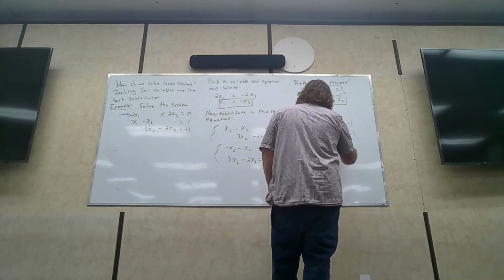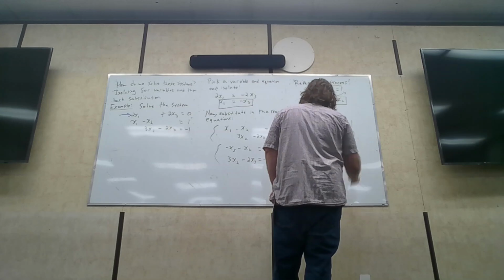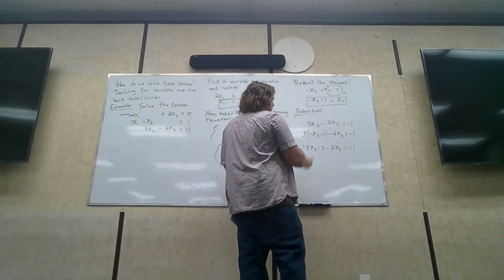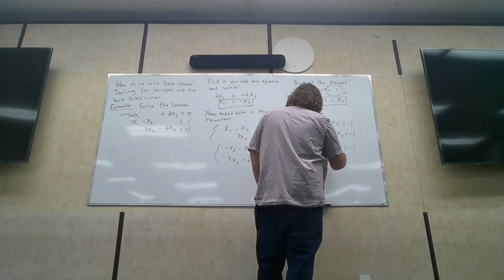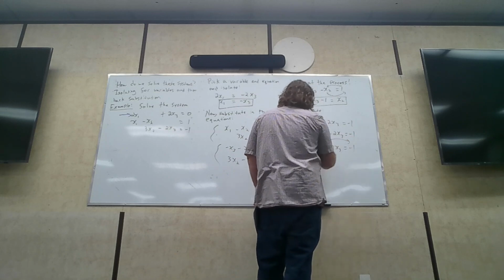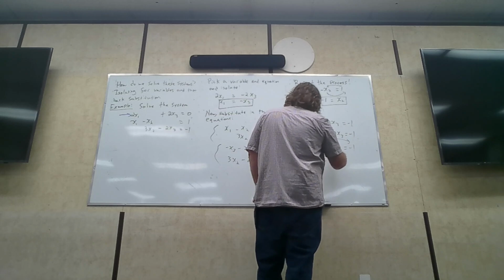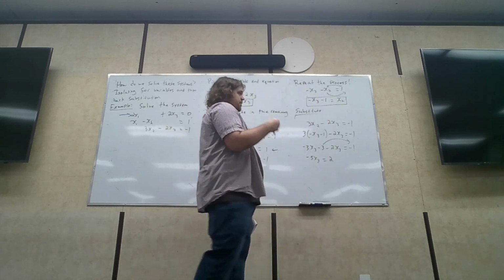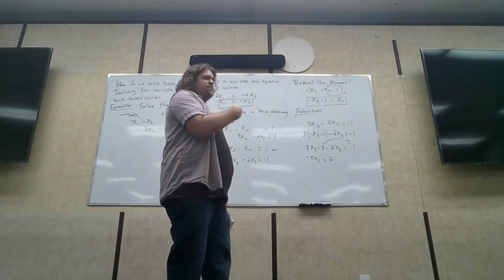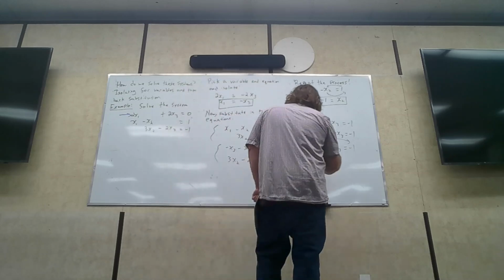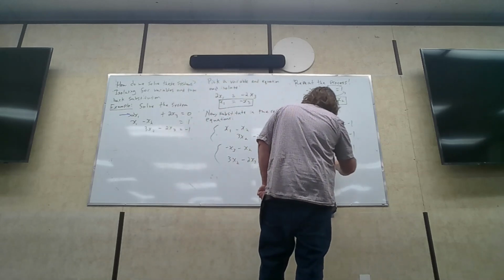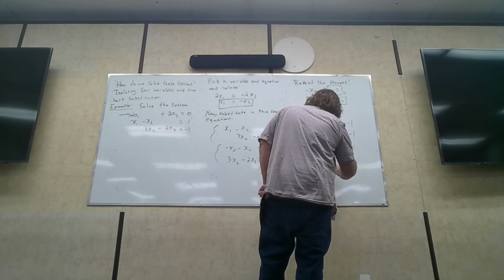Minus 3 minus 2x3 is equal to minus 1. Collect our variable terms, minus 5x3. Let's move that over. So we'll get 2, because flip the sign of minus 3 becomes plus 3 on the other side. 3 minus 1 is 2. And now we can solve. x3 is minus 2 over 5.